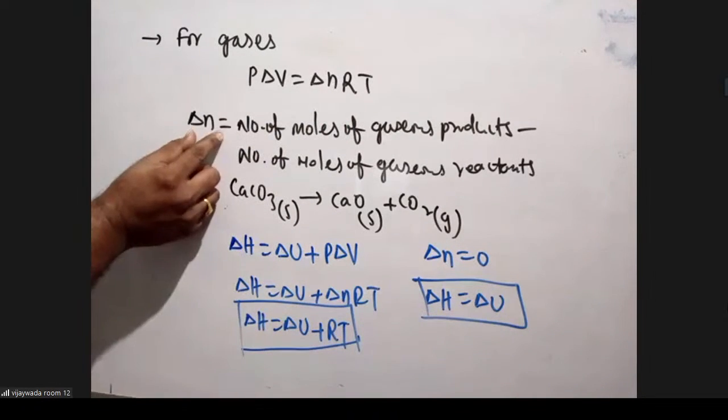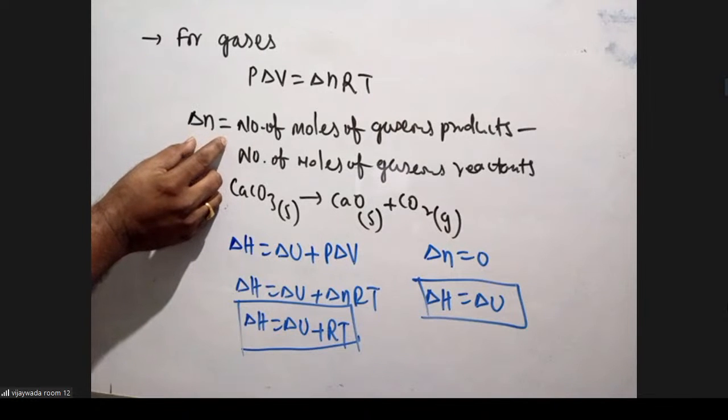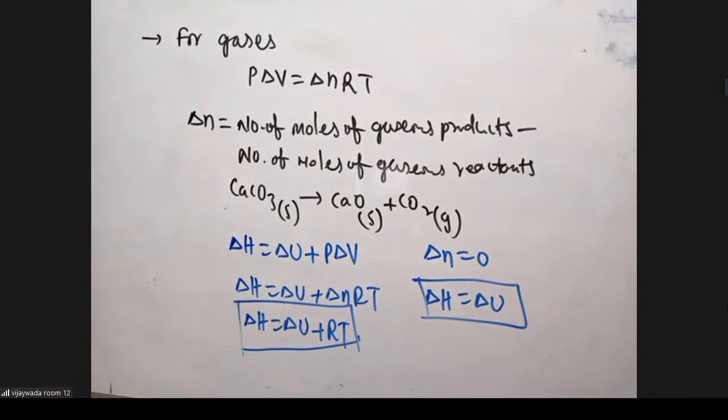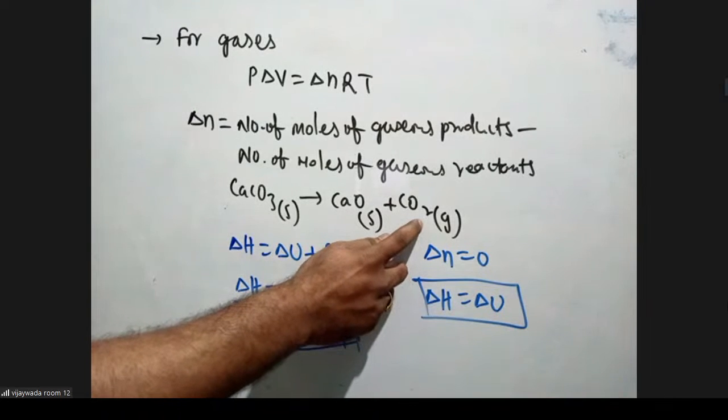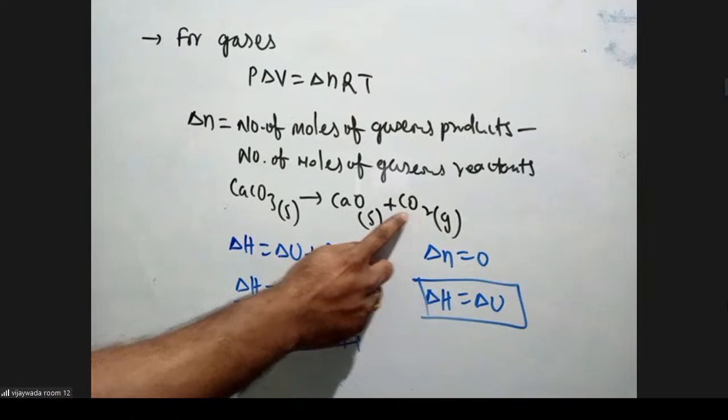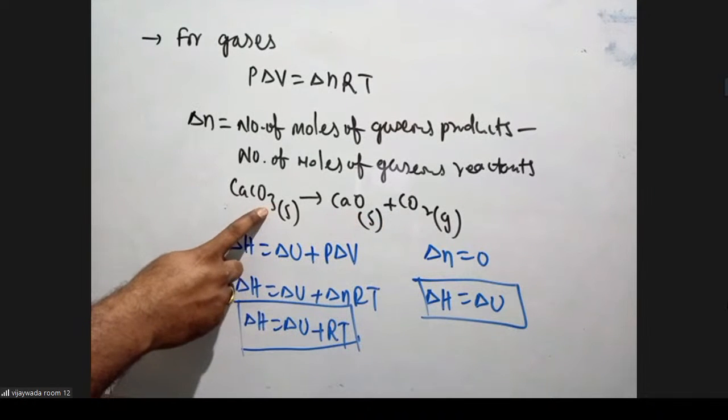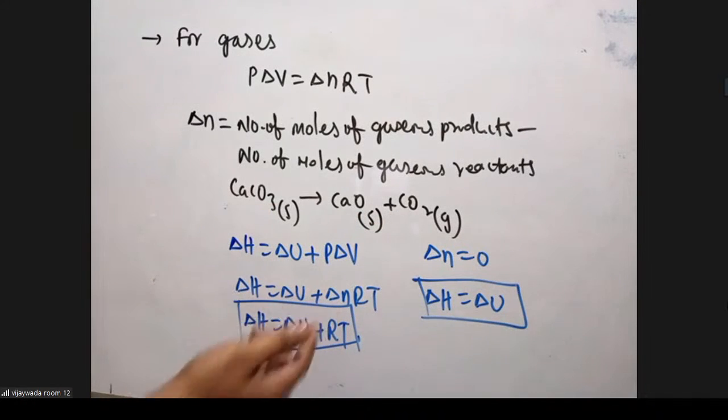Here products are how many moles of gases are there? Only one. CaO is solid, CaCO3 is solid. So 1 minus 0, 1, delta N value 1. Then delta H, delta U relationship is delta H equal to delta U plus RT. Understood?